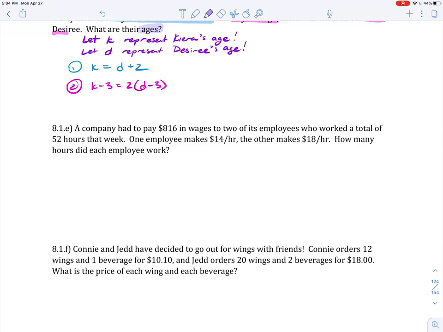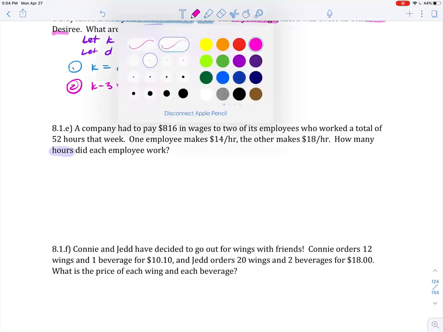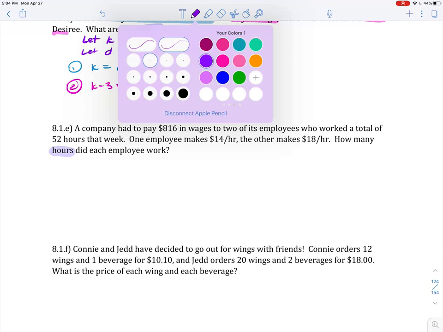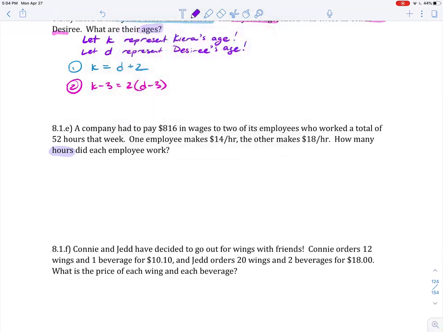So just like what Mr. A said before, we can kind of figure out an idea for what our variables are going to be based on the question that we're asked. The question says how many hours did each employee work, so that's going to give us a really big hint of what our unknowns or our variables should be. And we're not given the names of these employees, so realistically we can make up variables that we think will suit the situation.